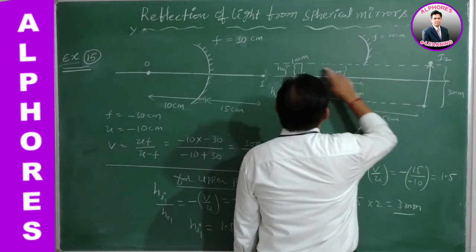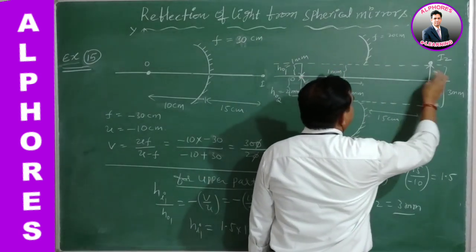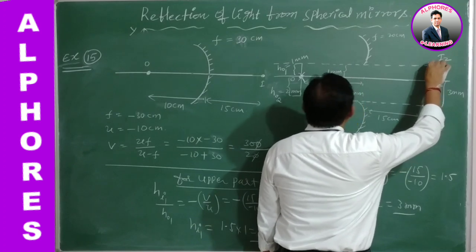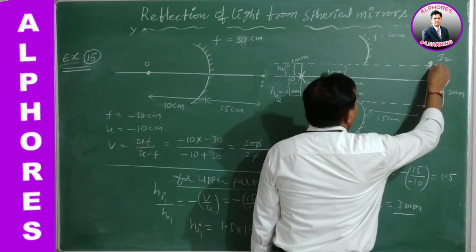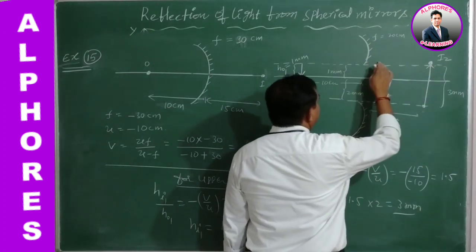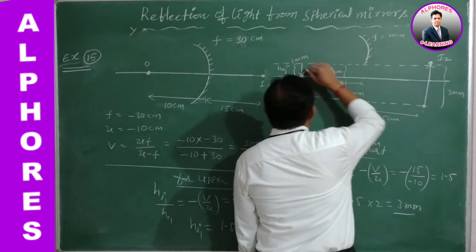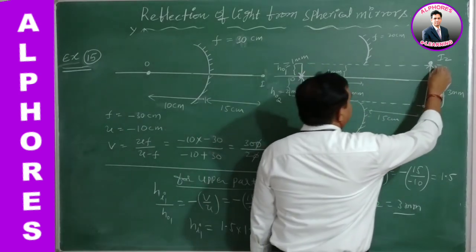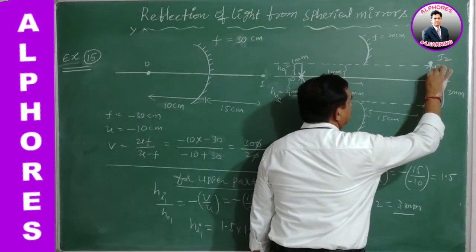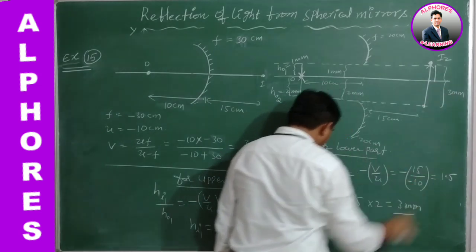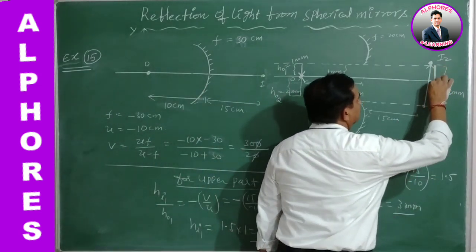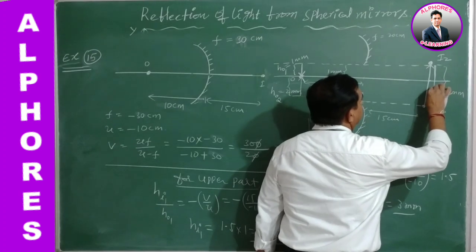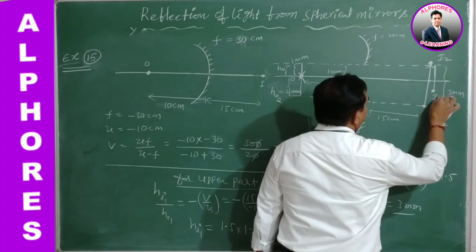This is the reference line, the principal axis. The object is downward from this position, and the corresponding image will also be downward because it is a virtual, erect image. To what extent? 1.5 millimeters, somewhere here. This is I1.